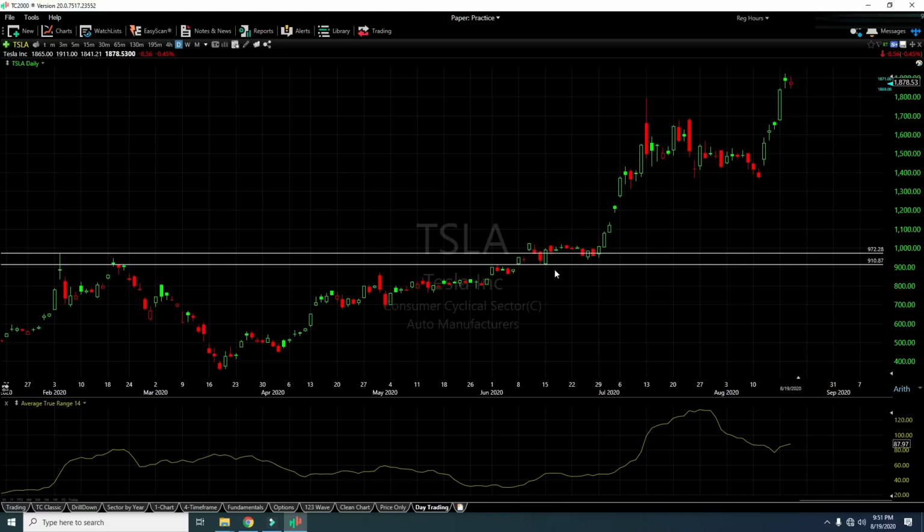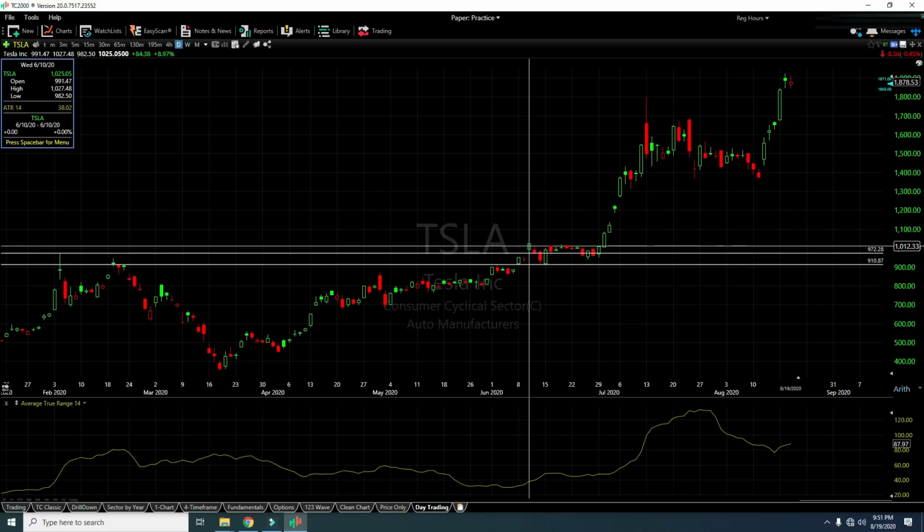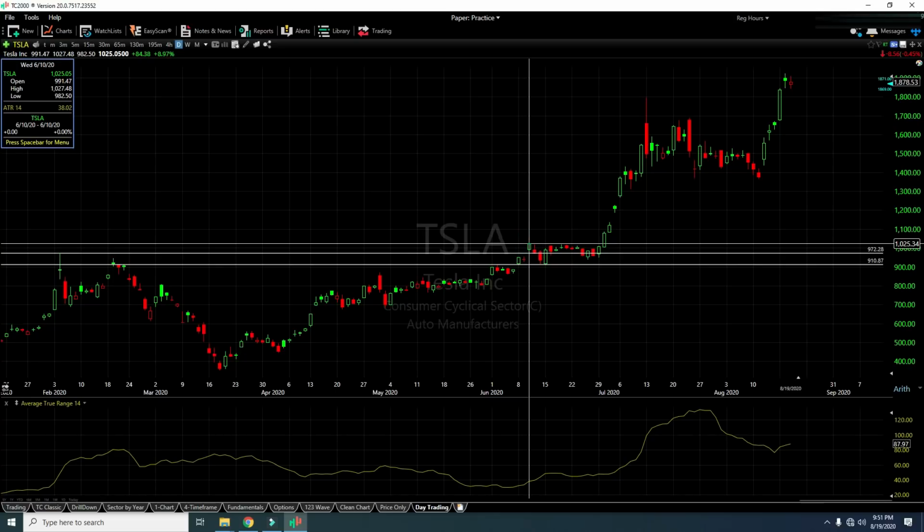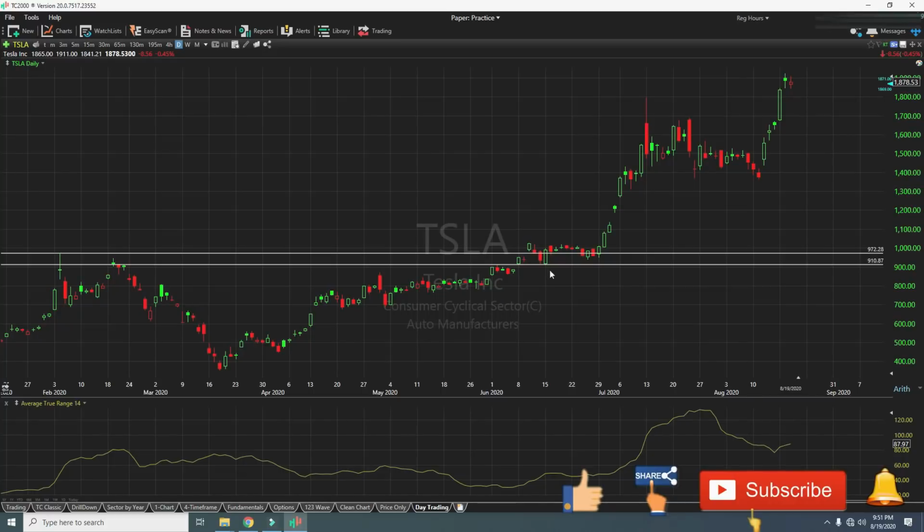You know this is a resistance area, price broke through, and a novice trader will try to chase the stock and enter at the closing price or sometime during this day. They could have even gotten in as high as $1,027.48.